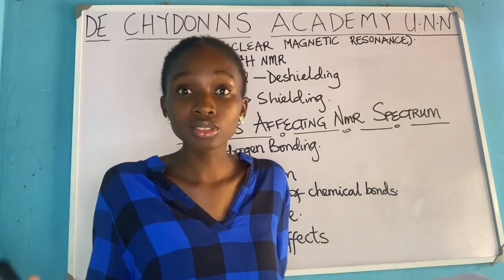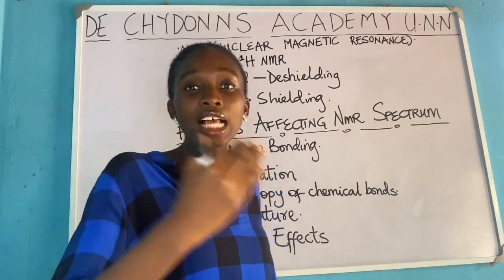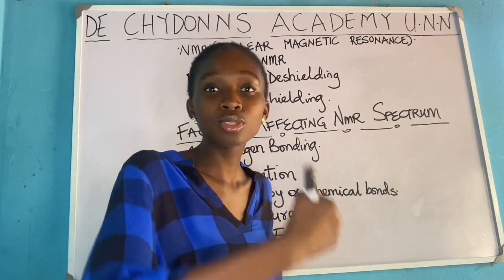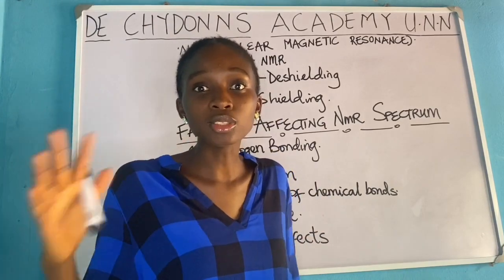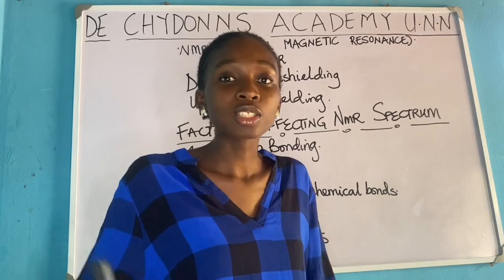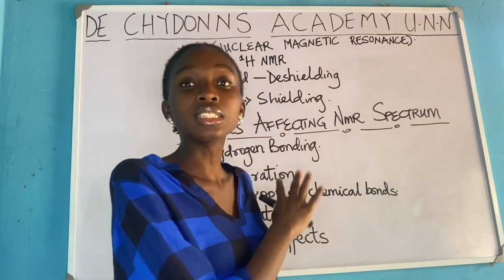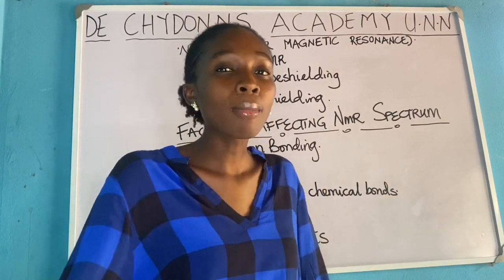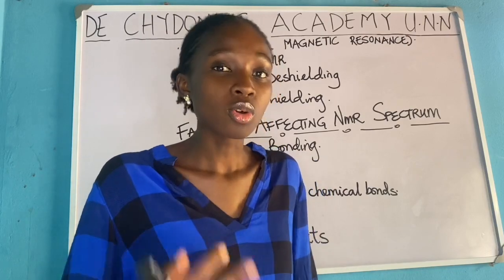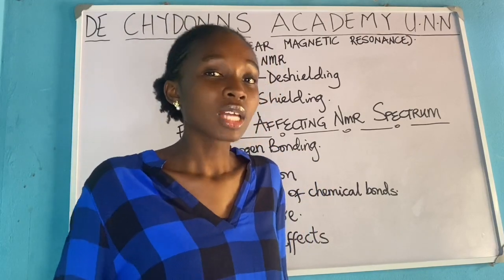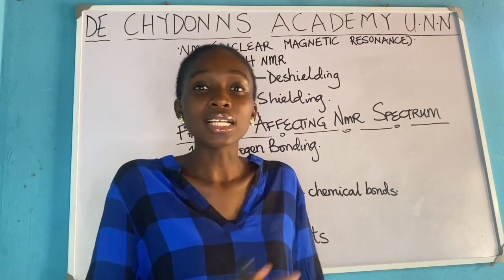Their shield has been removed, just like a soldier who loses his armor and becomes open to any attack from the enemy. That is how the protons will now be open to all manner of frequency interactions with the external magnetic field. And once you have that, it is deshielded.